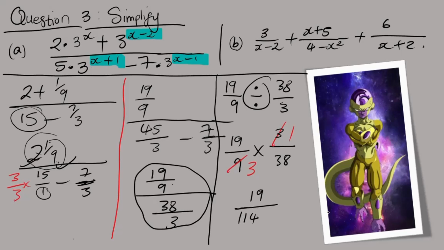All set. Now, is there a way we can simplify this? No. 19 is a prime number, so there is no simplifying this. So this is the final answer. This is your final answer.